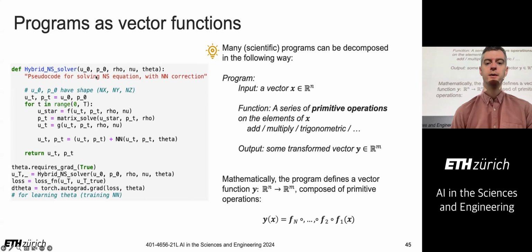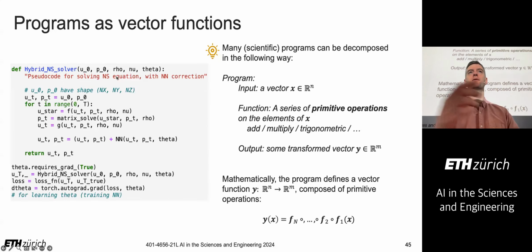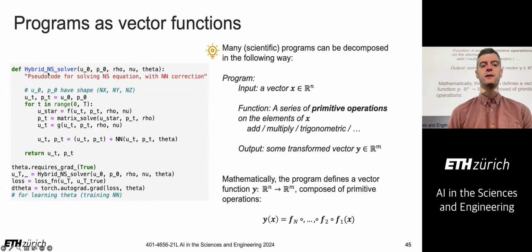The input to many of the programs we write in Python, or in scientific workflows, are vectors or matrices. We can think of a matrix as a vector by just unrolling, or flattening, the matrix. So in general we can think of these functions as having an input vector with usually quite a high dimensional number of elements.